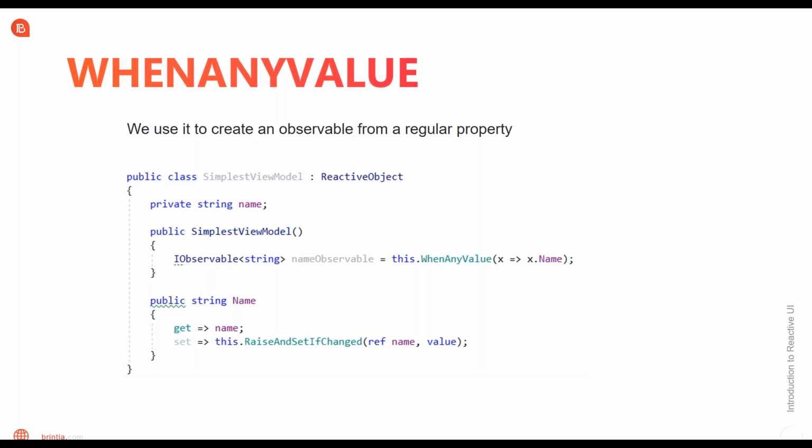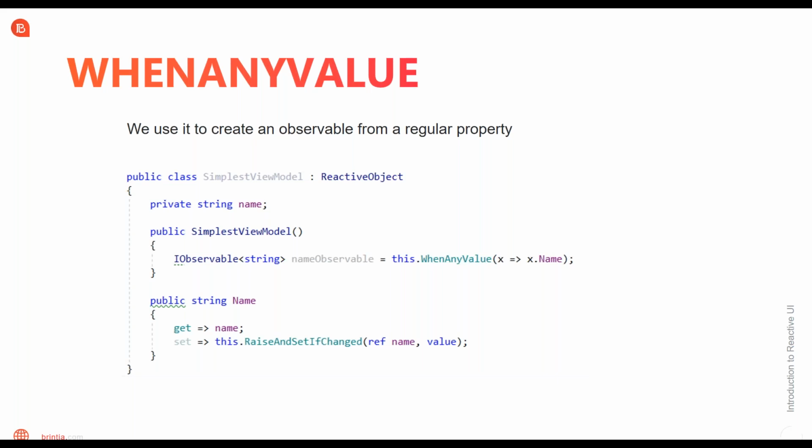Everything that is observable can be observed, by the way. And you just have to subscribe to it via the Subscribe method. And that's the point of Reactive UI, to convert non-observable changes into observable sequences.